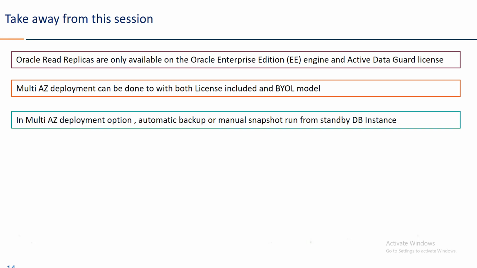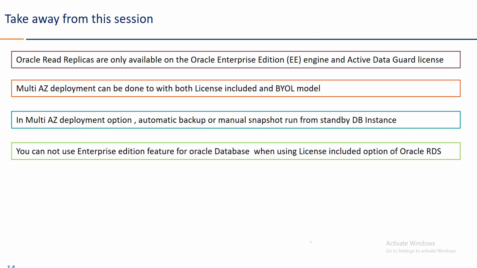In Multi-AZ deployment, automatic backup or manual snapshot runs from the standby DB instance. That is a very good point. You cannot use Enterprise Edition features for an Oracle database when using the license-included option for Oracle RDS. If you choose the license-included model and look for any Oracle features supported in Enterprise Edition, that is not possible.